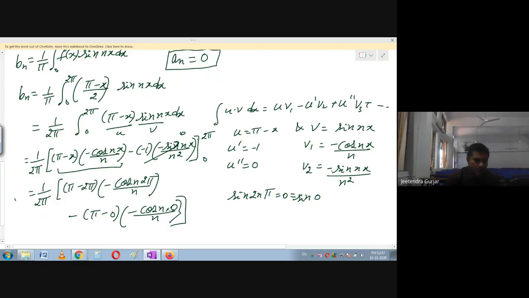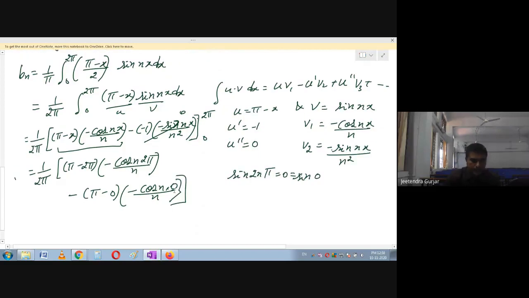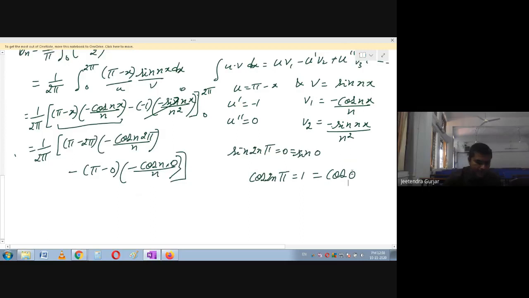So this is what we have simplified, students. Now, please remember again the functions we are going to take here: cos 2n pi is equal to 1, and if you substitute 0, cos 0 is also 1.